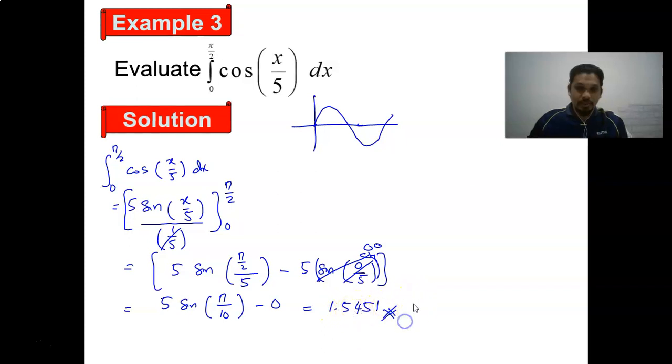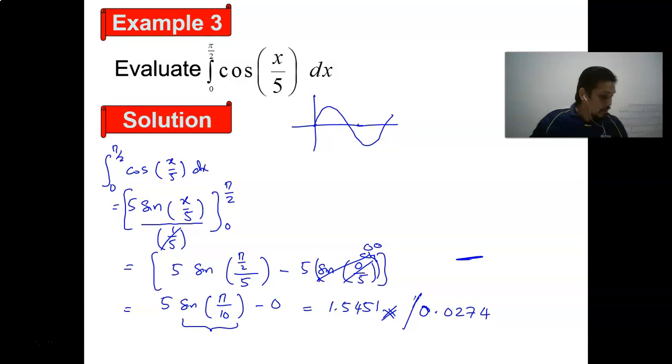We need to double check, because I get it here, which is 0.0274. Because everything here equals 0, and then for this one, sine pi divided by 10 equal to 5.483 times 10 power of negative 3, and then multiplied with 5 here.